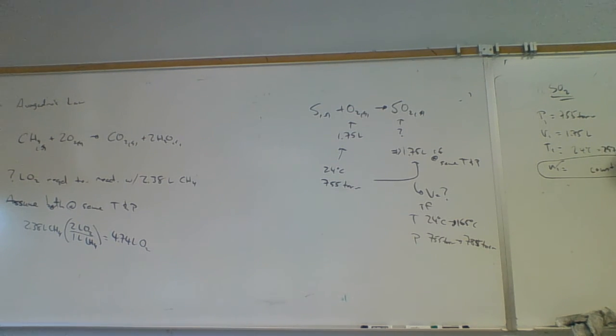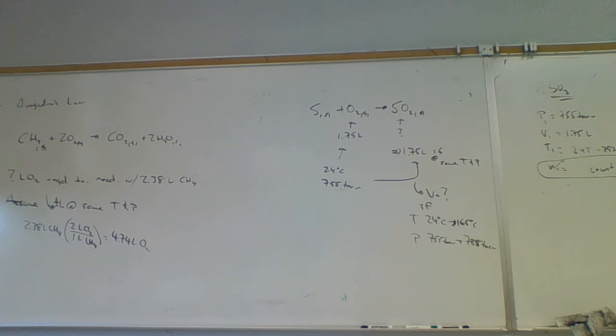So this is 297 Kelvin. T2 is 165 degrees C. 165 plus 273 would be 438. 438 Kelvin.